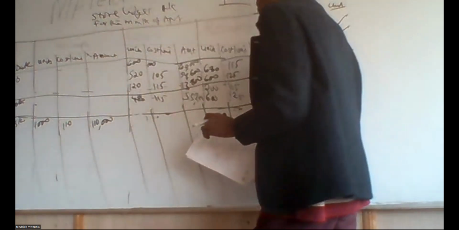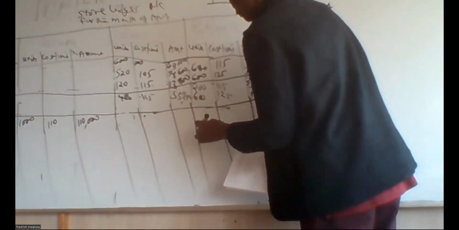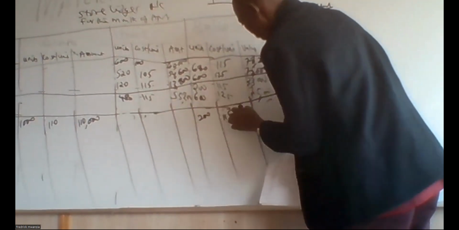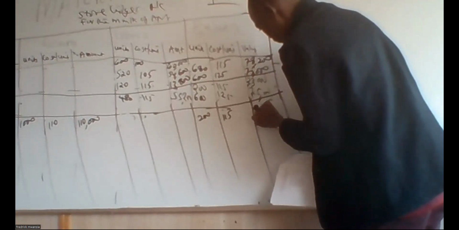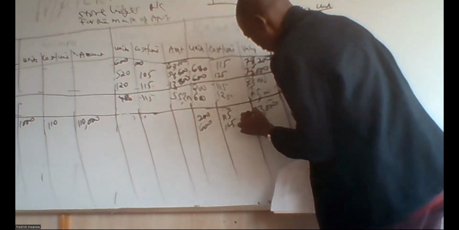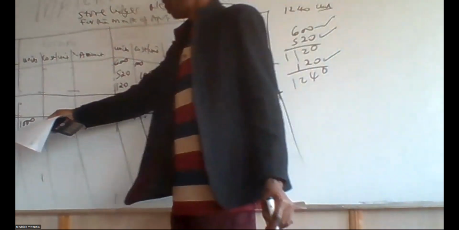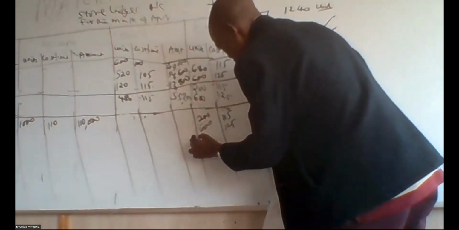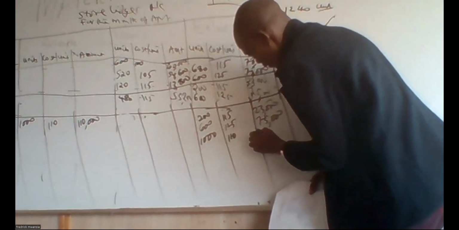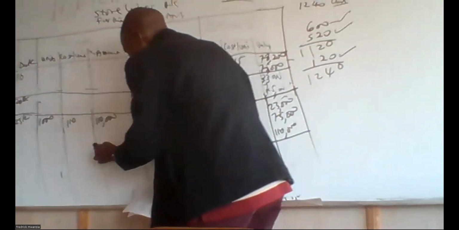Now we have 200 at 115, that was 23,000. We had 600 at 125, this is 75,000. And we have a new consignment, which is 1,000 units at 110, that is 110,000. So that is what's happening here.